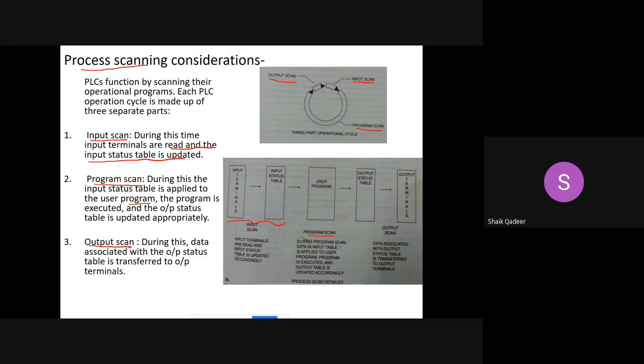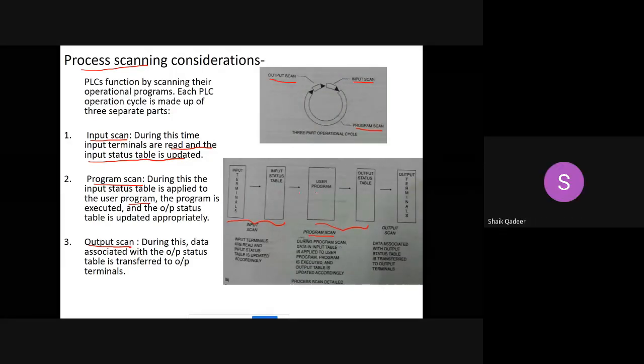So the input status table is applied on the user program, the program is executed, and the output status table is updated. These are the two things for programs. Hope it is clear to everybody. Please acknowledge whether it is clear or not.